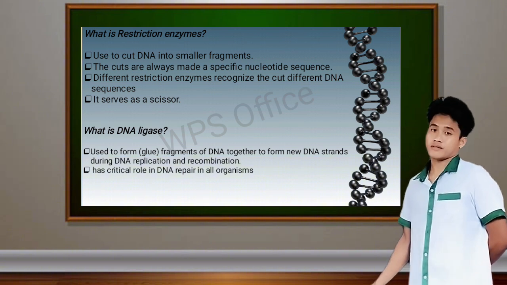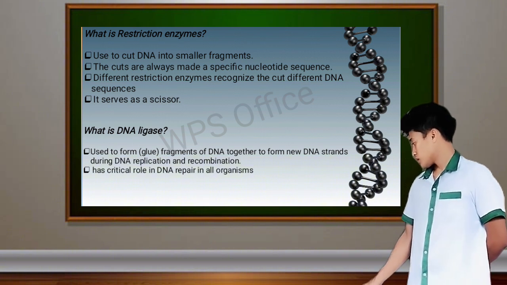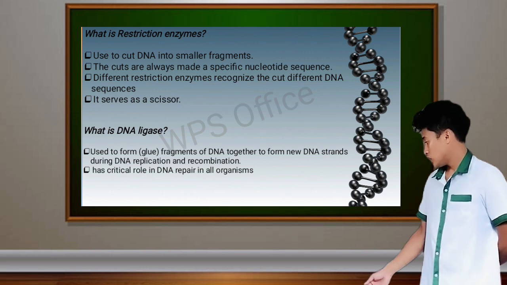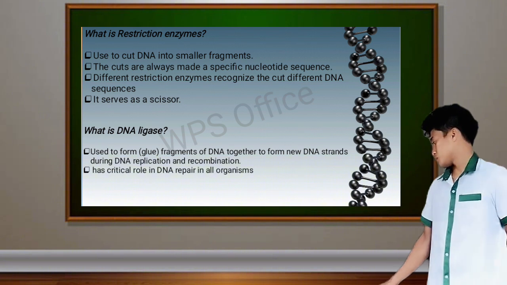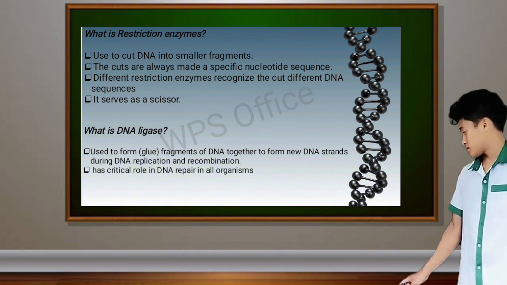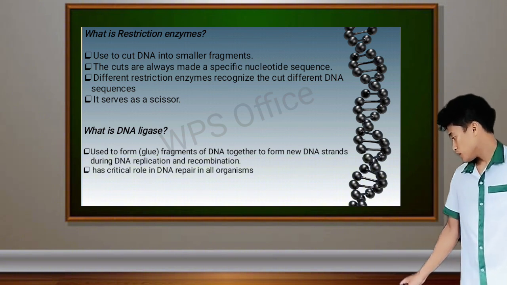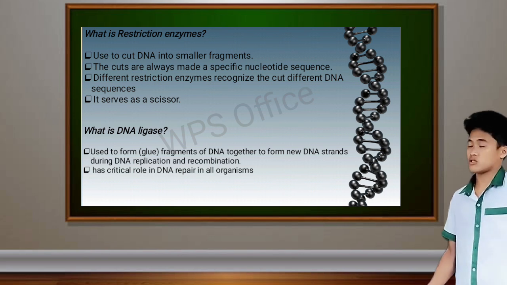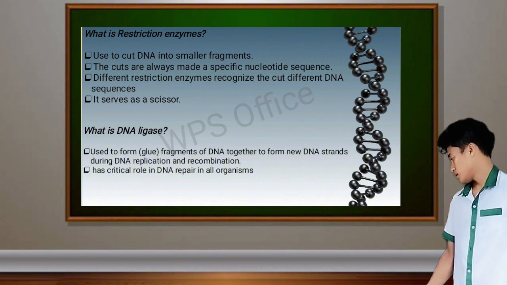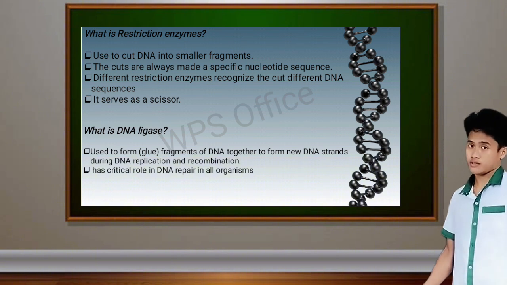So what are restriction enzymes? Restriction enzymes are used to cut DNA into smaller fragments. The cuts are always made at a specific nucleotide sequence. Different restriction enzymes recognize and cut different DNA sequences. It serves as a scissor. And what is DNA ligase?